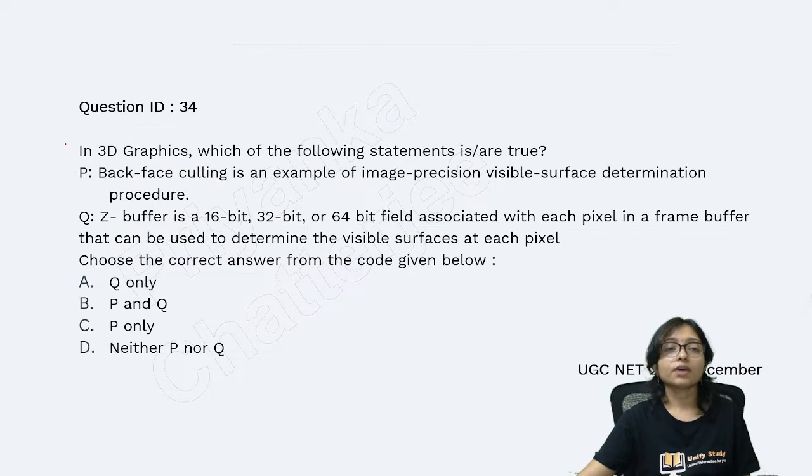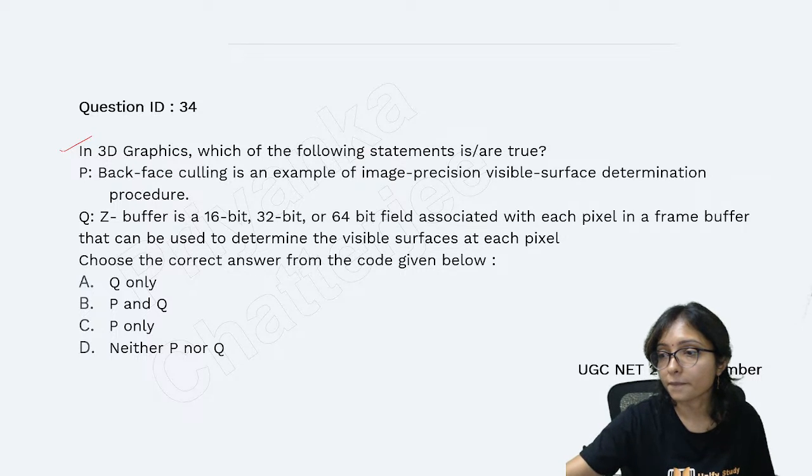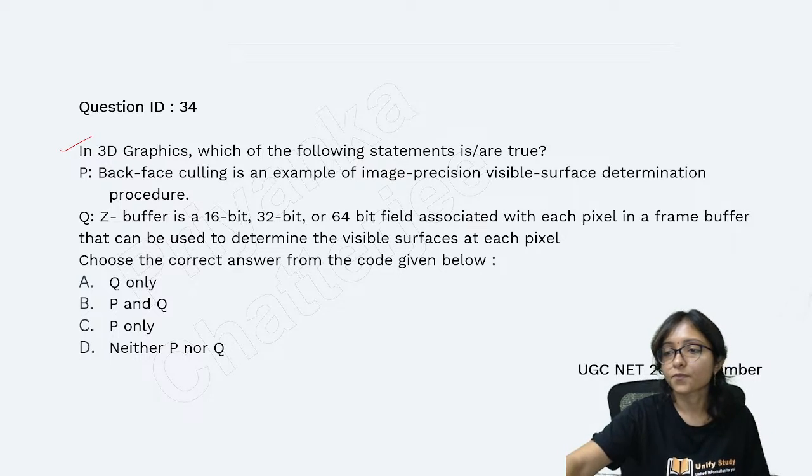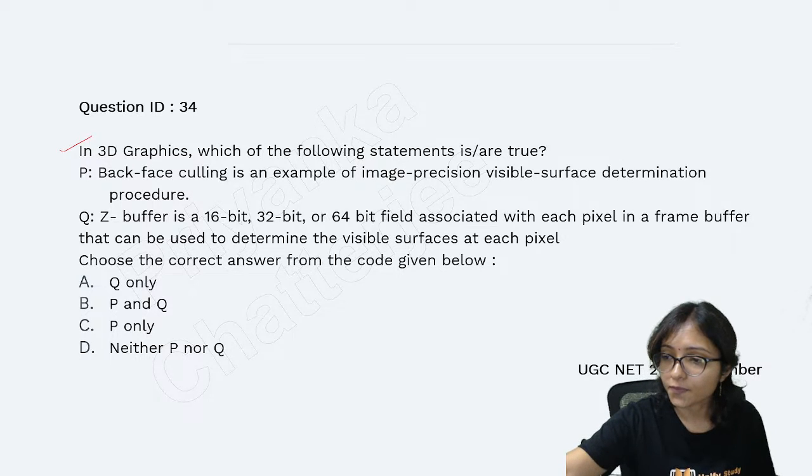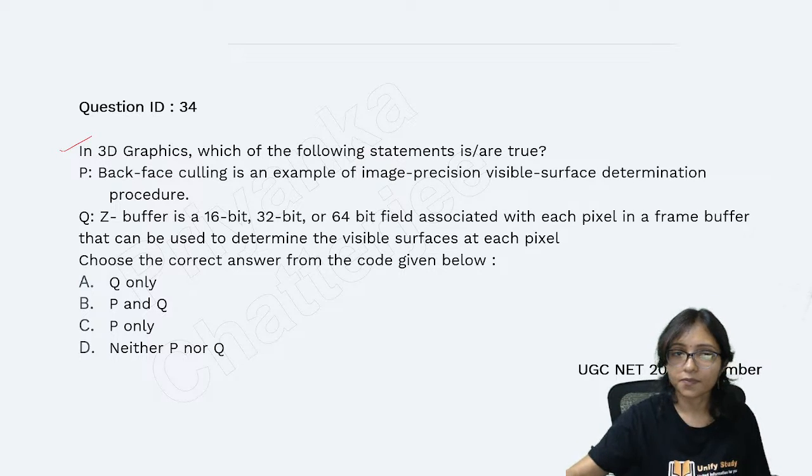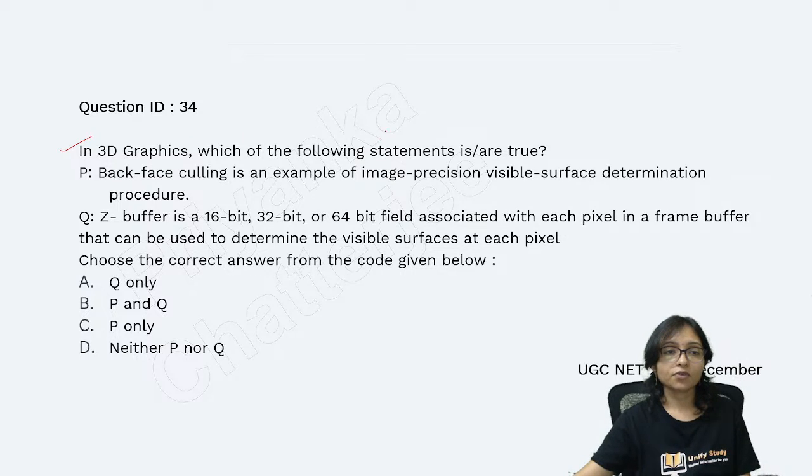Okay, now tell me what will be the answer for this one. 3D graphics, which of the following is true?